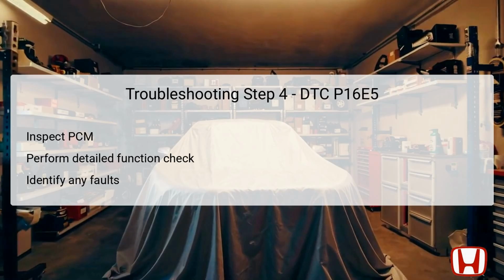A malfunctioning PCM may struggle to communicate with the DC-DC converter, ultimately causing the DTC to trigger. Various diagnostic tools can assist in assessing the PCM's performance, focusing on reading sensor inputs, outputs, and overall functionality. If diagnostics confirm a fault within the PCM, then it will need to be repaired or replaced to clear the error.